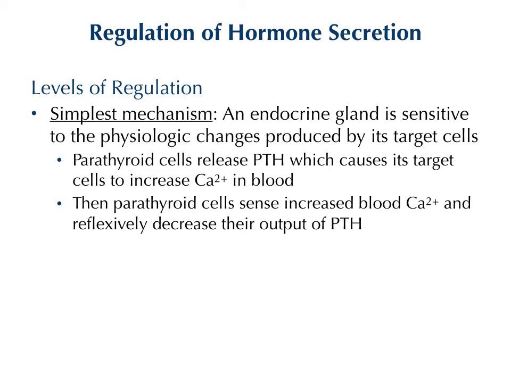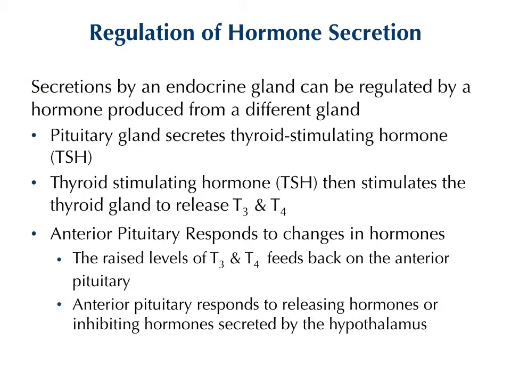For example, when your parathyroid gland is producing parathyroid hormone, or PTH, the parathyroid hormone that is released will cause its target cells to increase calcium in the bloodstream. The parathyroid cells will in turn sense that increased concentration of blood calcium and will reflexively decrease their output of parathyroid hormone.